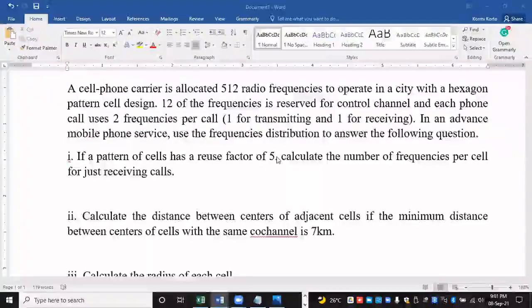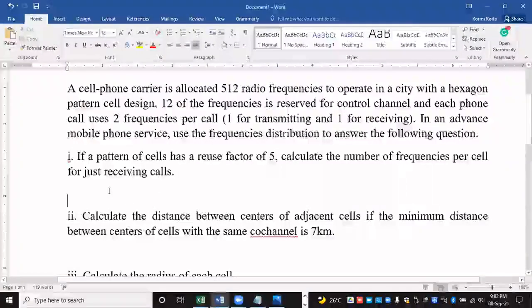If you have 500 radio frequencies and your reuse factor is 5, each of the 5 divisions should be able to use a share. So the formula is the operating frequency divided by the reuse factor. You can look at the formula in your slides.